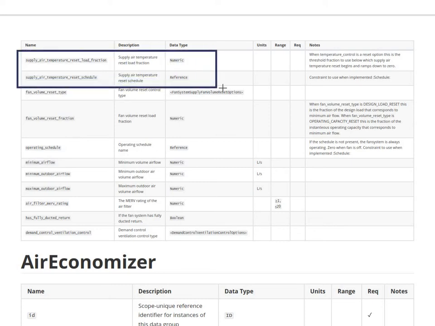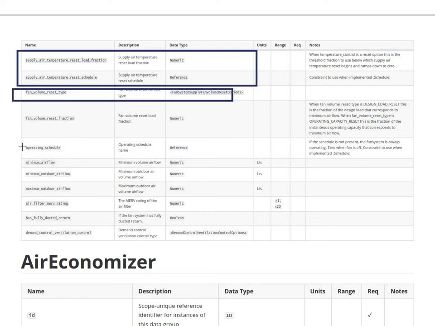Actually, I guess a few more: supply fan air temperature reset fraction and supply air temperature reset schedule. The reset schedule is referencing a schedule, obviously. Fan volume reset type is another enumeration related to resetting. And so is the numeric value for fan volume reset fraction.